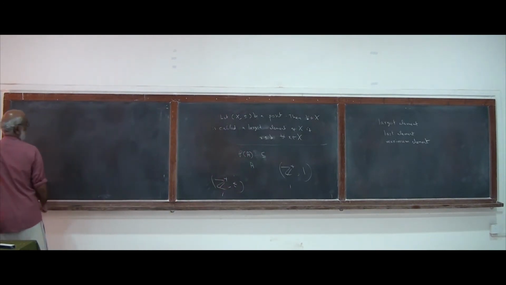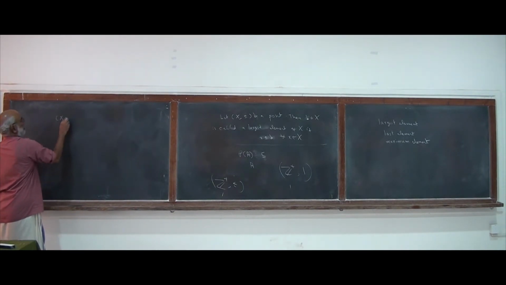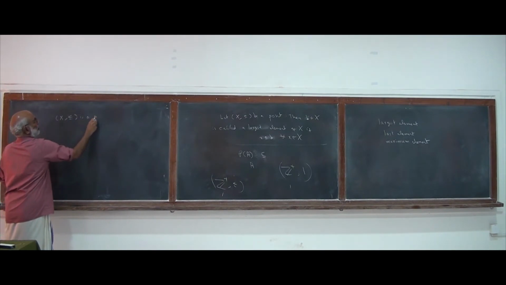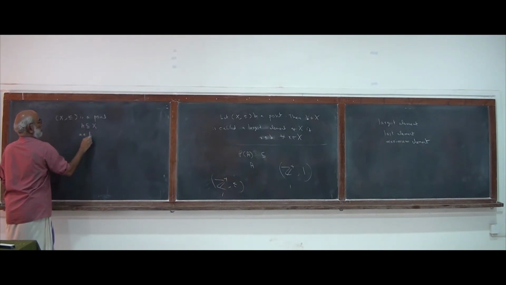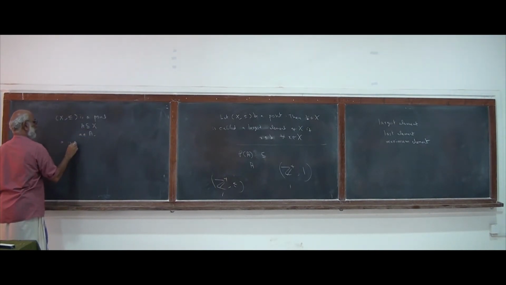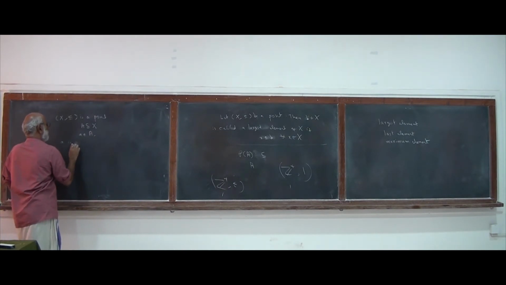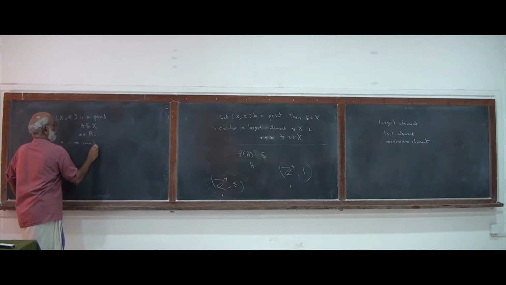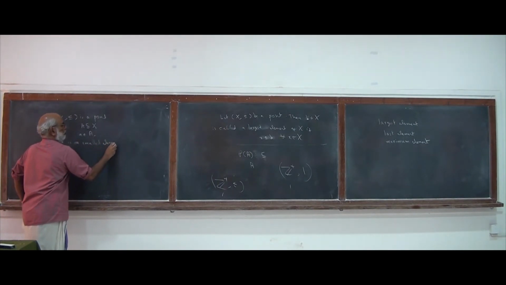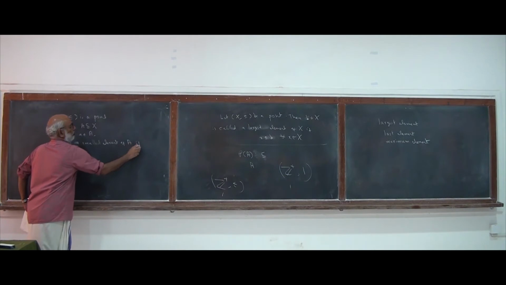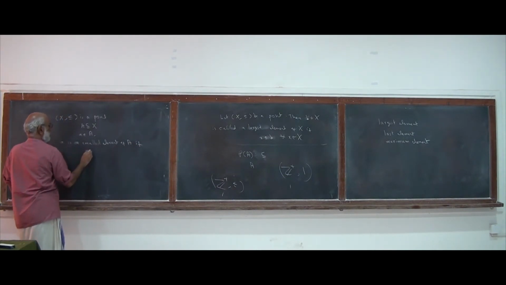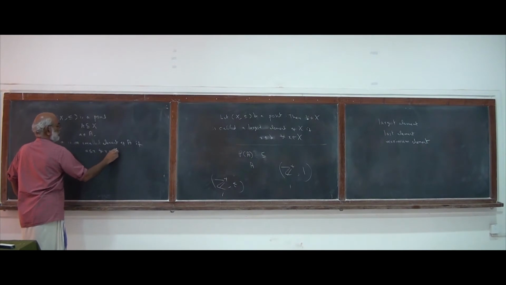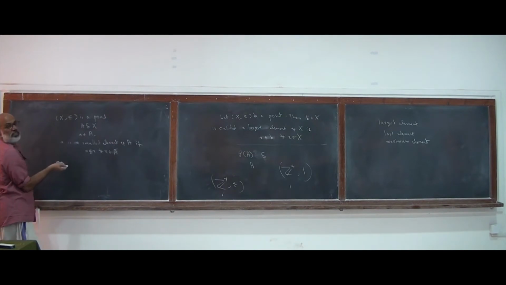You can also define the smallest element for a subset of a poset. Suppose (X, less than or equal to) is a poset, and suppose A is a subset of X, and suppose a is an element of A. Then we say a is a smallest element of A if a is less than or equal to x for every x element of A. Similarly, the largest element can be defined.